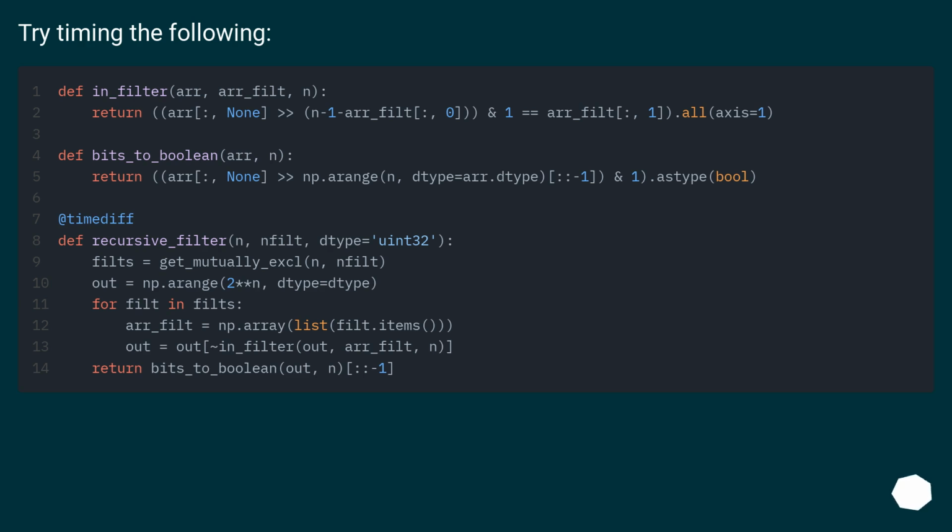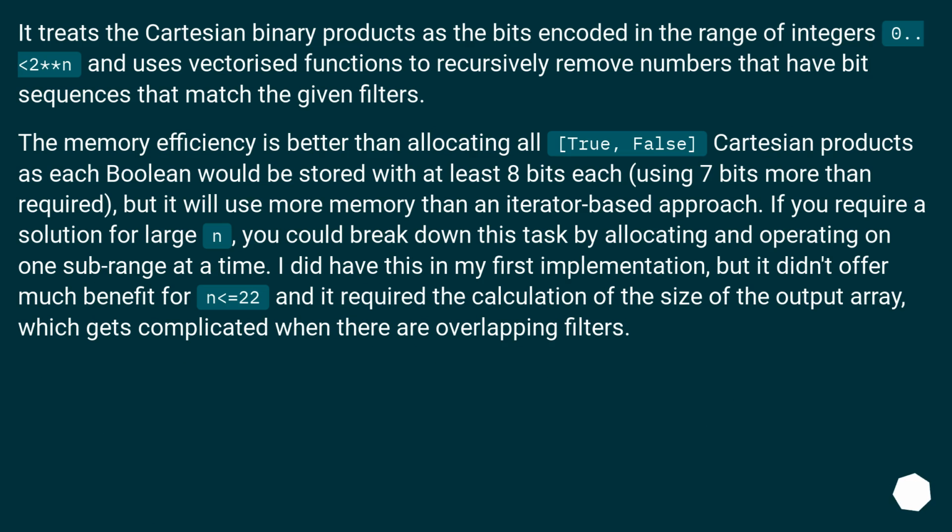Try timing the following. It treats the Cartesian binary product as the bits encoded in the range of integers 0 to 2^n and uses vectorized functions to recursively remove numbers that have bit sequences that match the given filters.